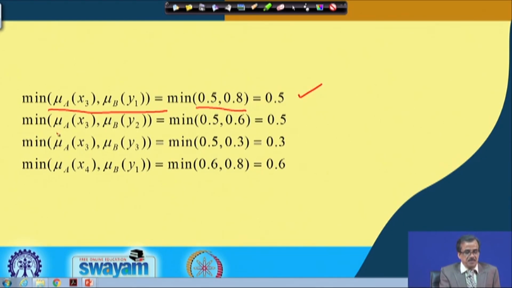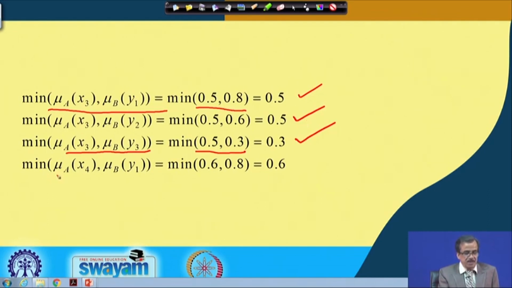Next is the minimum between mu A(x3) and mu B(y2); following the same procedure, I get 0.5. Then comes the minimum between mu A(x3) and mu B(y3), that is between 0.5 and 0.3, so I get 0.3 here.